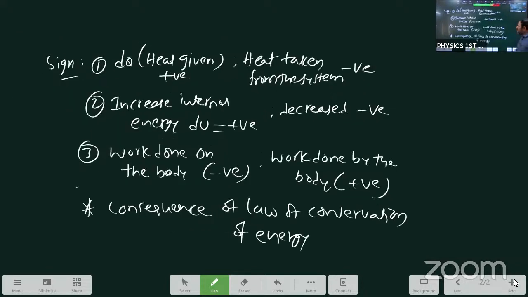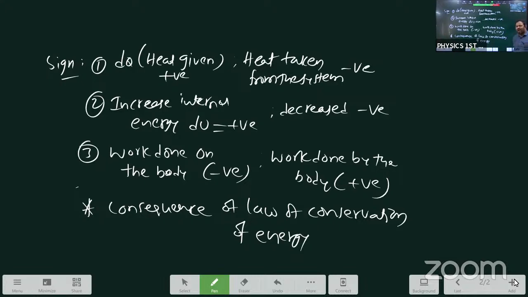Sign convention, any two, no problem, at least one. Statement 1 mark, explanation 1 mark, sign convention 2 marks, total 4 marks. Heat given to the system plus, heat taken from the system minus. Increase in internal energy plus, decrease minus.